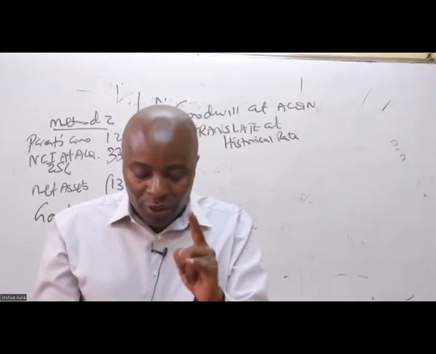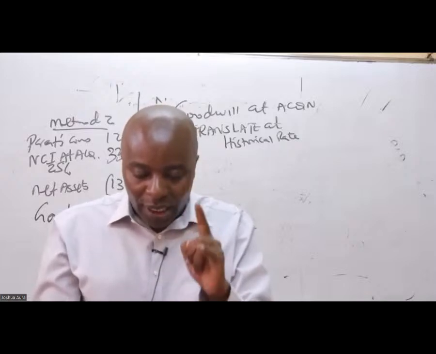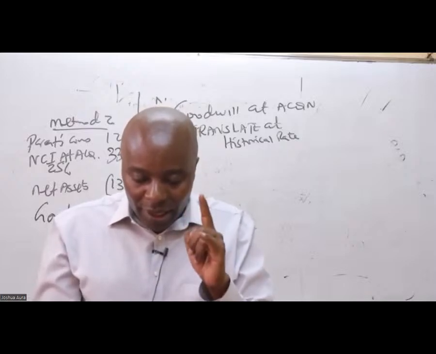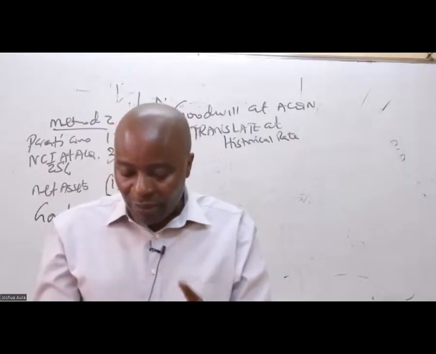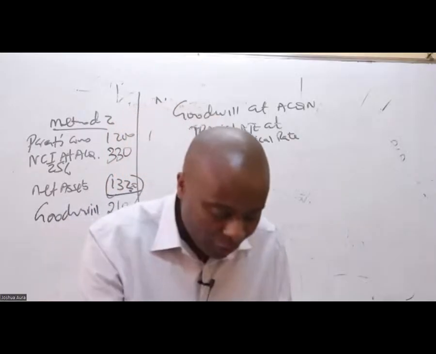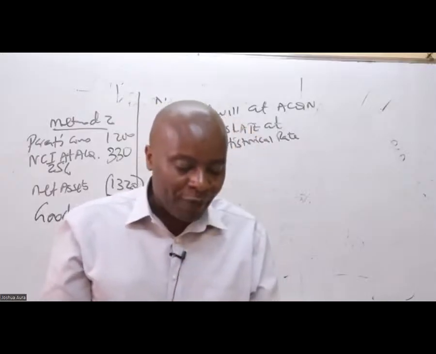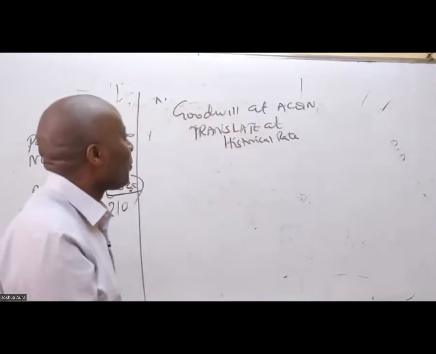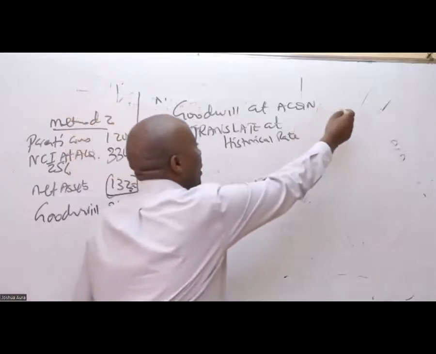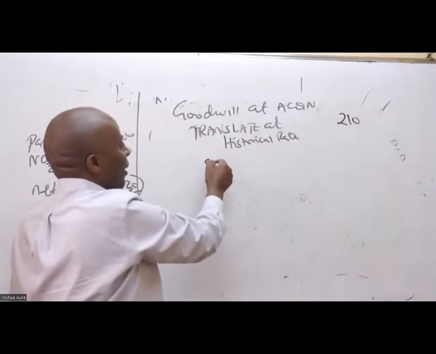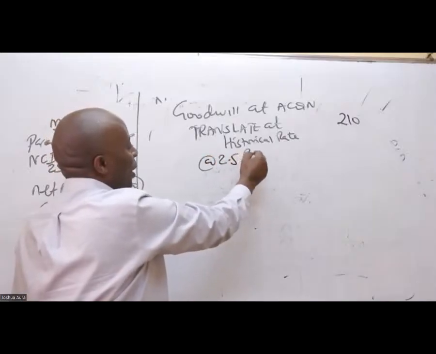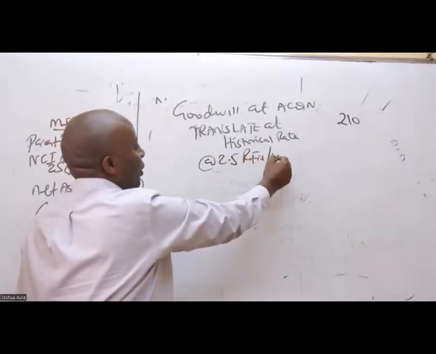You must always read and understand that this subsidiary was acquired on 1st May 2015. On 1st May 2015 I can see 2.5 Rwandese francs. So remember, you gave me a figure of 210. Translate this at 2.5 Rwandese francs per Kenya shilling.